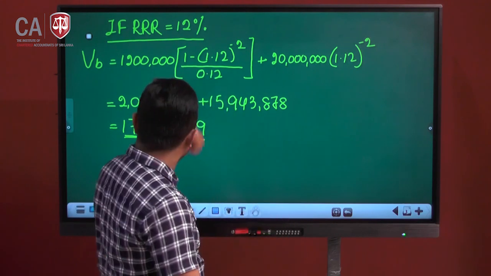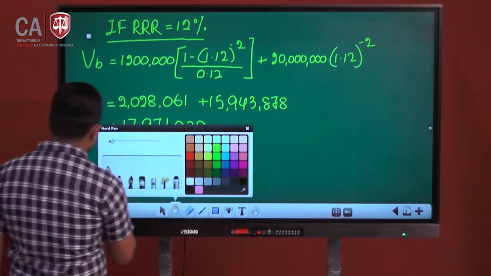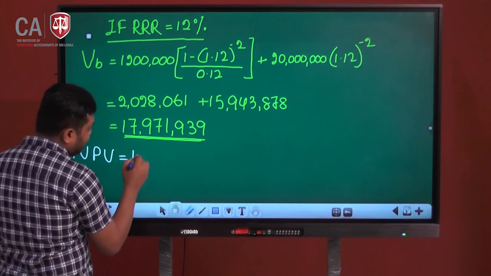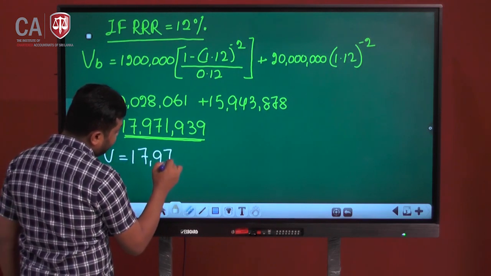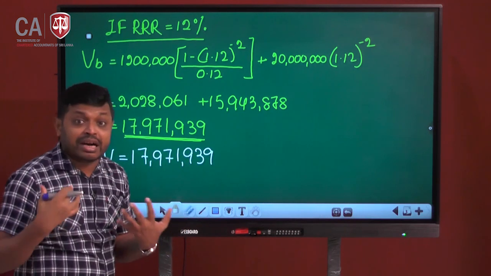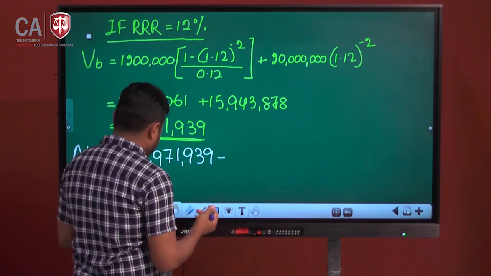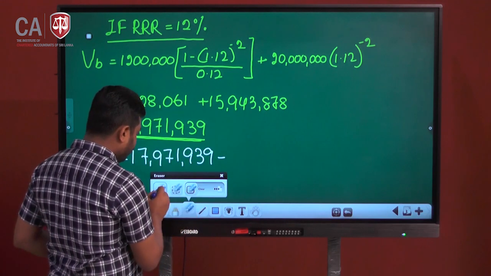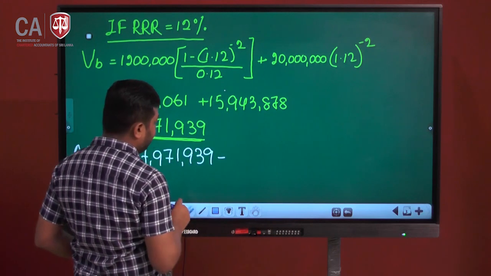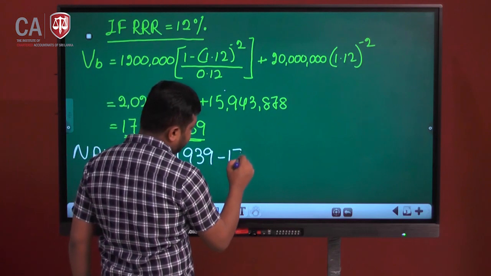In this juncture, we will calculate the NPV. It equals 17,971,939 if we decide to collect on our own, minus the redemption price, because you can sell this one at 17.5 million.